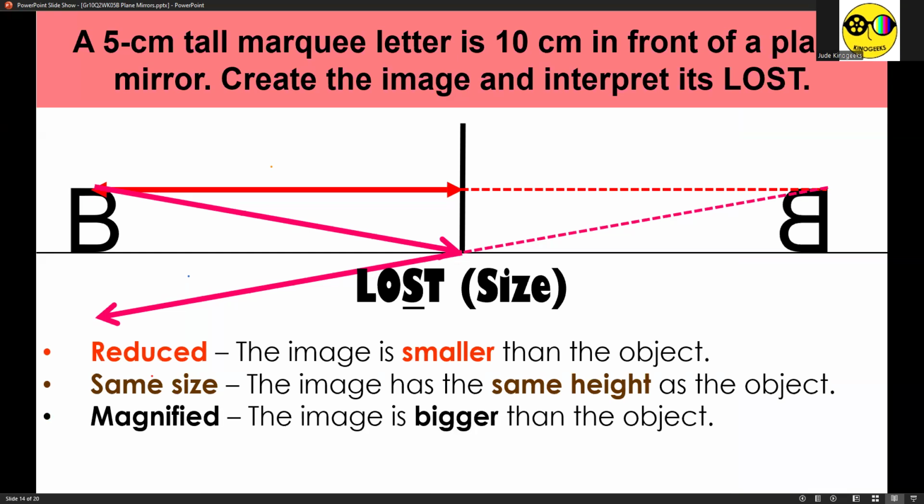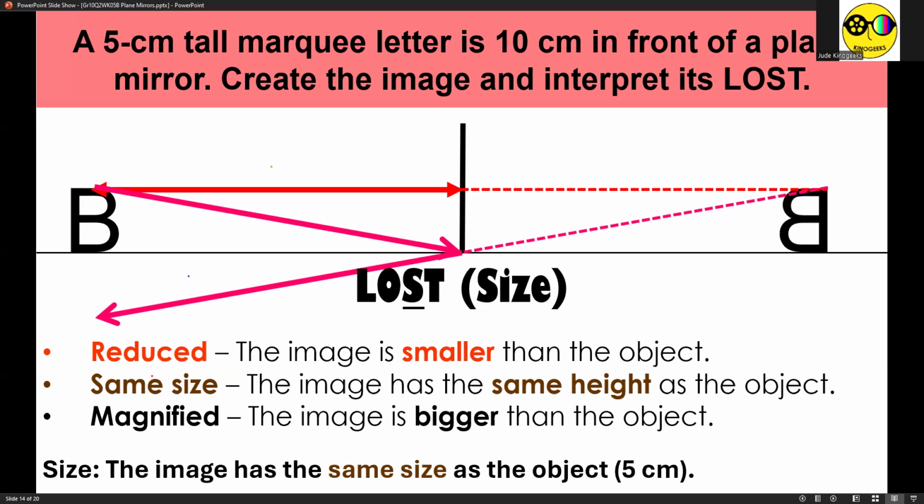And then third, we have magnified, wherein the image is bigger than the object. So, easy peasy, magkasing tangkad yung object tsaka image natin. That's why for the size, the image has the same size as the object, specifically 5 centimeters.